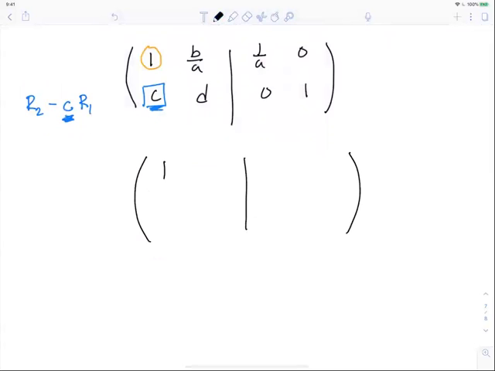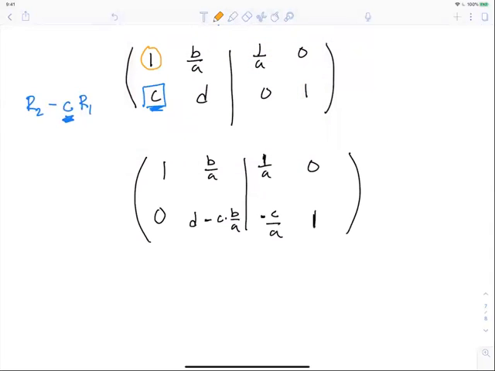Well, the top row doesn't change. The bottom row is going to become 0. Now this one becomes a little messy. This becomes D minus C times B over A. The next one becomes minus C over A. That's coming from C times the first row. And then finally 1 minus 0 times C.